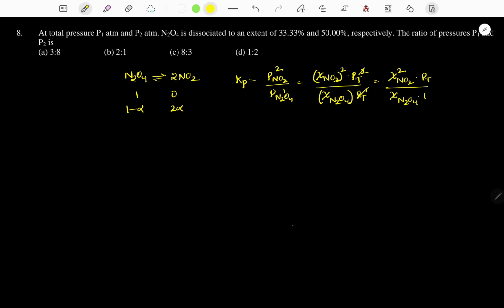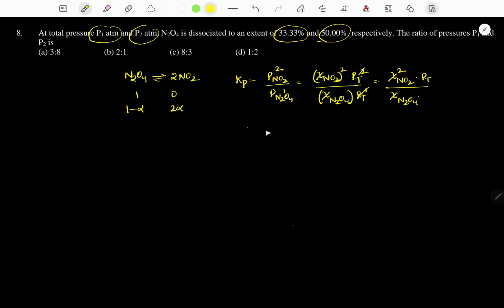So this is the equilibrium constant. When the total pressure is P1 atm, it is 33.33% dissociated. When the pressure is P2, 50% dissociated. But in both cases we know that the Kp value is the same.